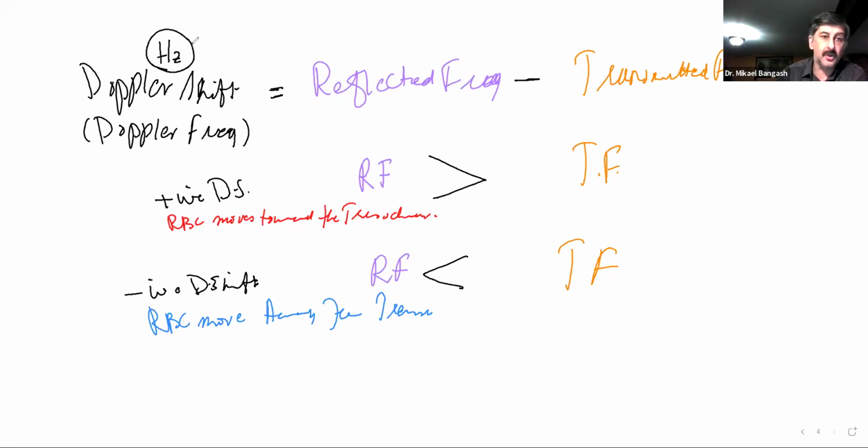It is the job of the system to convert this hertz into speed of blood, expressing that in a unit of speed, which is any unit of distance by unit of time.